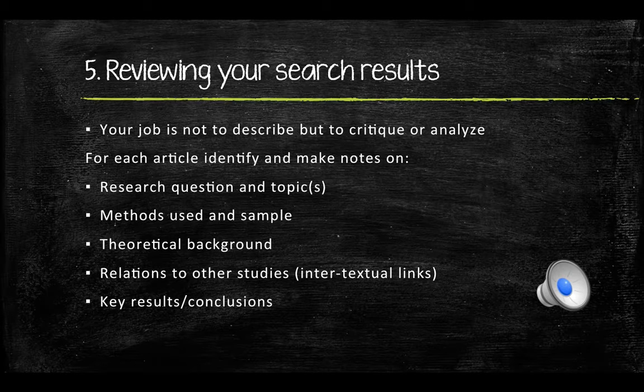So what you want to do is, once you've got your folder on your computer full of all of the PDF files of the journal articles that you have found through your database search, you want to go through each of those journal articles, not necessarily read them through thoroughly, but skim them so that you can summarise information on the research question and the topics being dealt with, the methods used and the sample that was used, the theoretical background that the academics relied upon, whether you have already noticed any links between this particular journal that you're reading and the other ones that you've already also downloaded and put within your folder for later looking, and key results or conclusions that come from each of your journal articles.